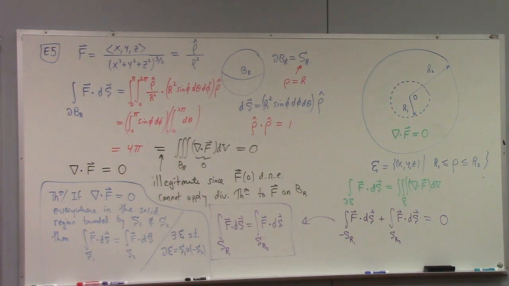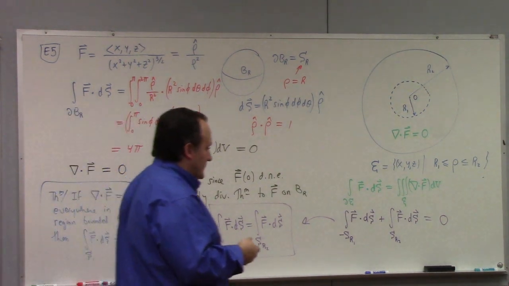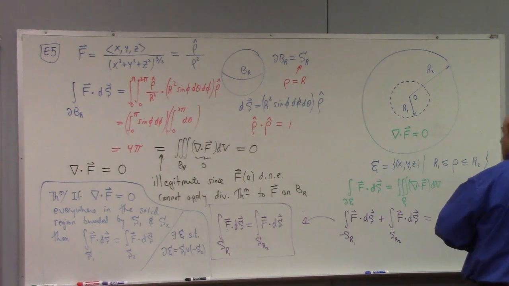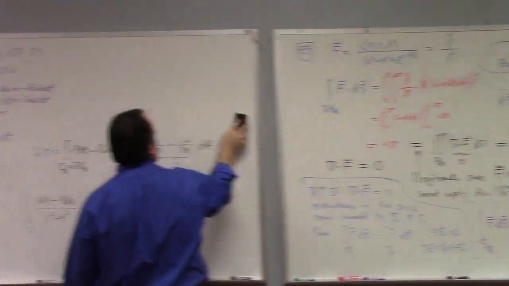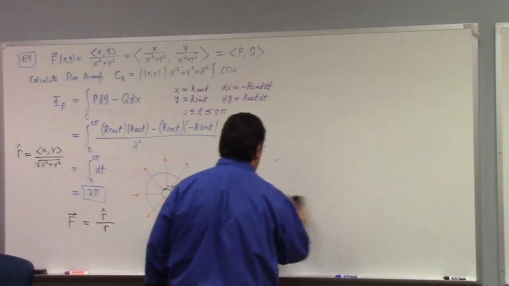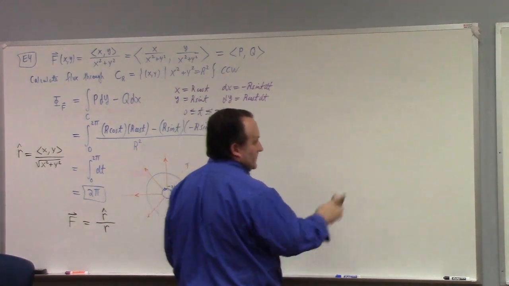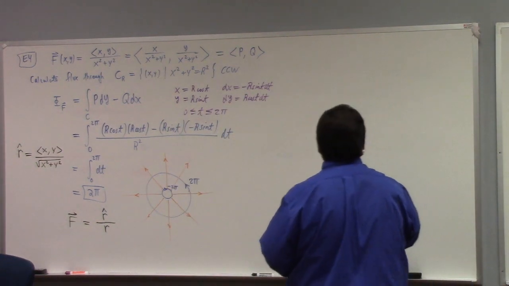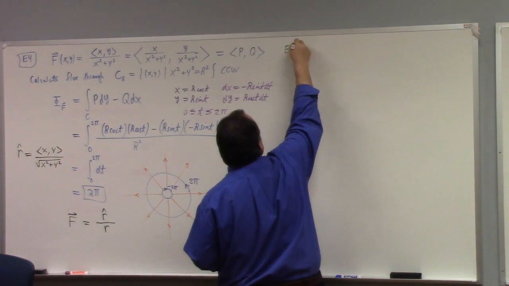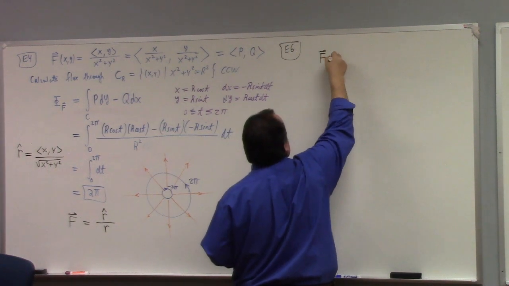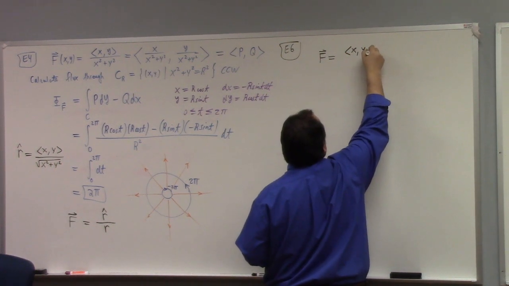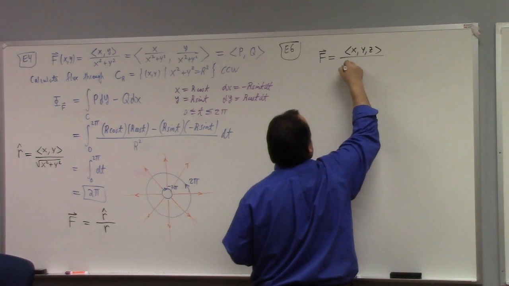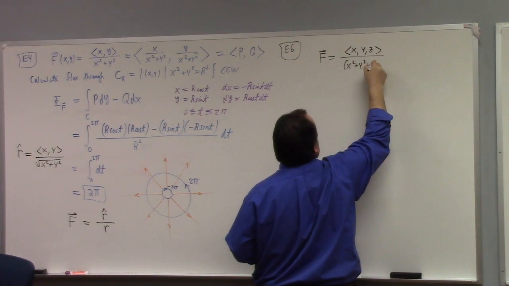So what about Stokes' theorem with a hole? Let's talk about that a little bit. Although I guess I should do a follow-up example for this one while we're at it. Let me do my example 6 here. What if you had F equal to the vector x, y, z over (x squared plus y squared plus z squared) to the 3/2?